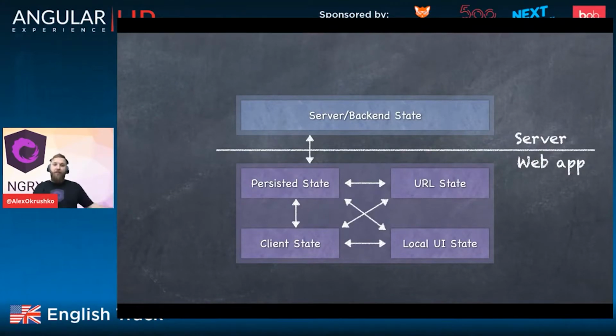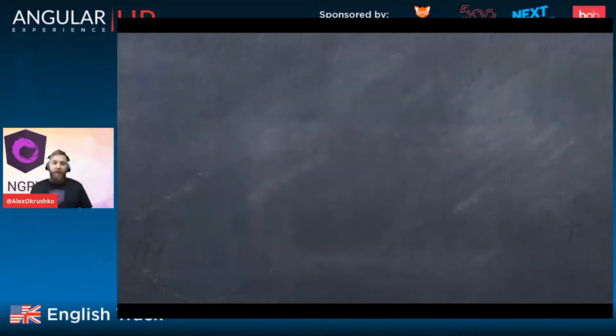That goes to the backend, the persistent state gets back, then it's pushed into the components. Then that goes into the local UI state of the checkbox, and the checkbox is on or off, right? So there's a lot of synchronization going on, and there are a lot of points where this could fail. So this flow of data is something that we really have to think about as developers.